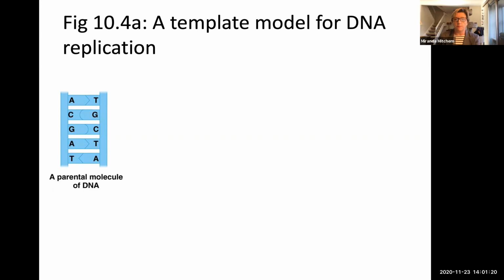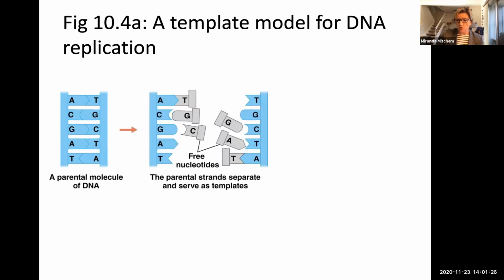So our DNA molecule is the parent DNA molecule. It is used as a template, as a source of instructions, if you will, to make new strands of DNA during the process of DNA replication.